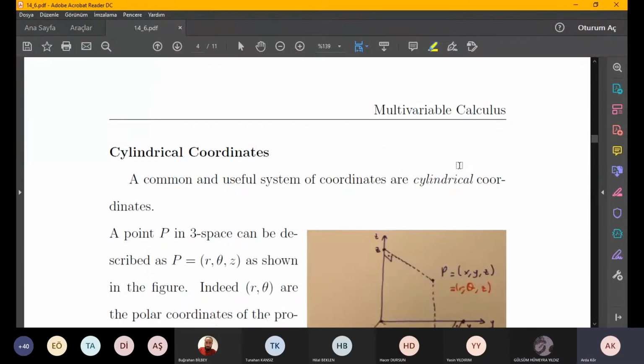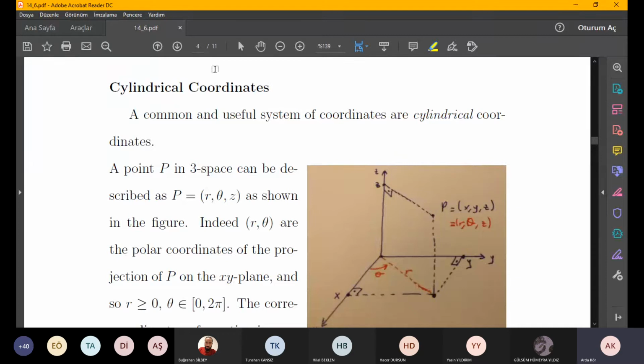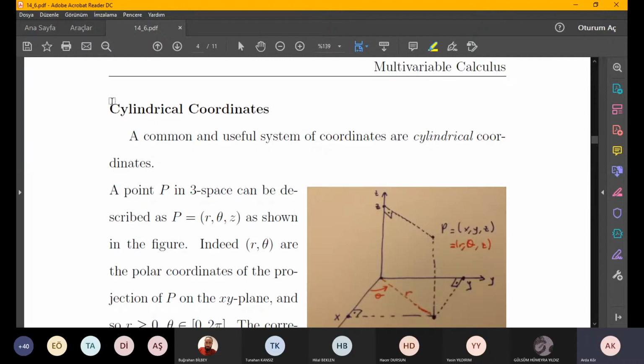So here we will have different transformations, which we will see as cylindrical coordinates and then spherical coordinates. We have seen the polar coordinates, where we write a point on a circle on the xy plane in terms of r and theta.